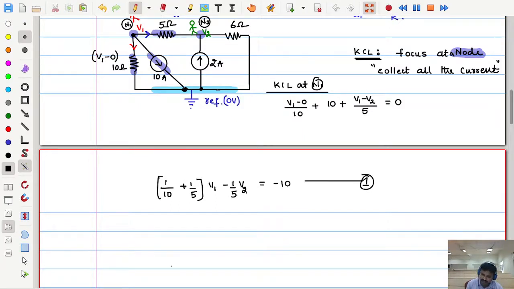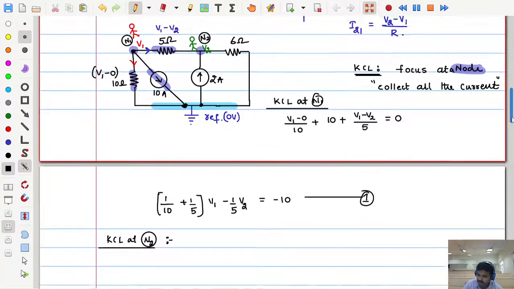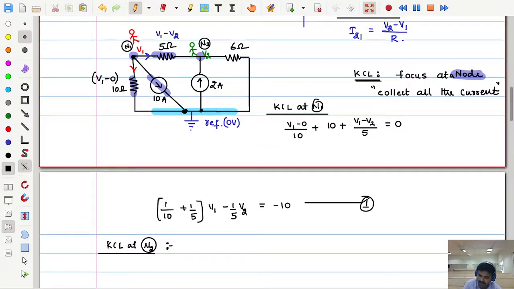In the same way, can we write the Kirchhoff's current law at node N2? Now node 1 work is completed, now we move to node 2. Once we move to node 2, what is our assumption? Whoever is connected to node N2, that person's voltage will be V2 minus the rest of the voltages.